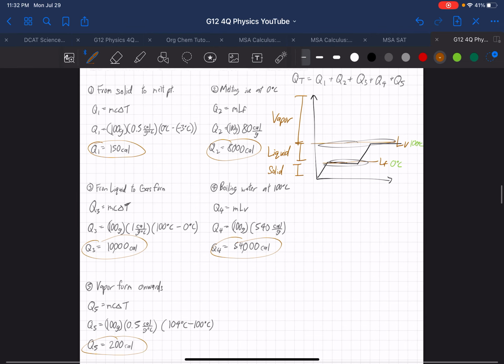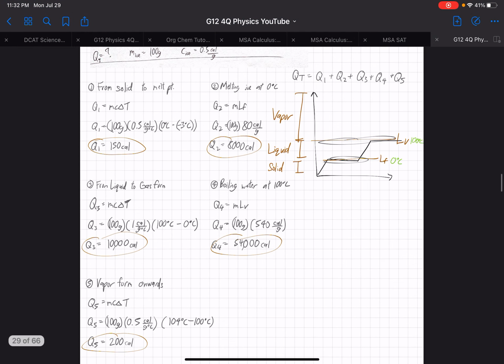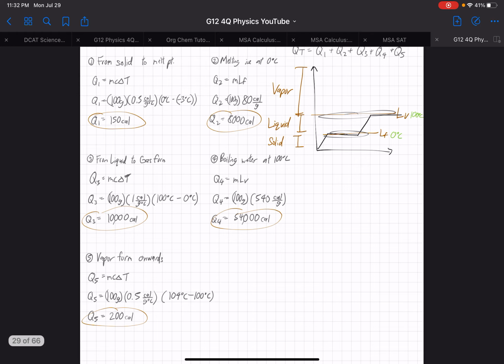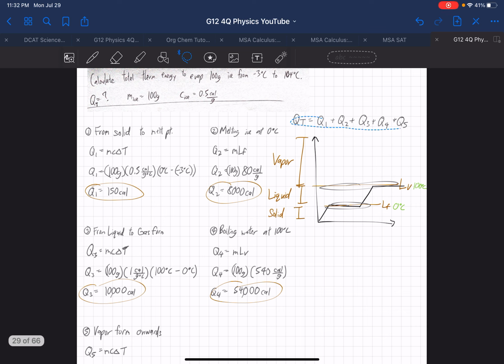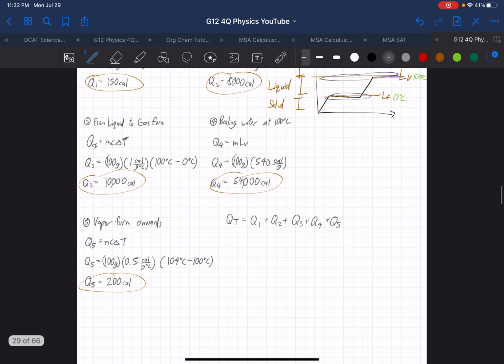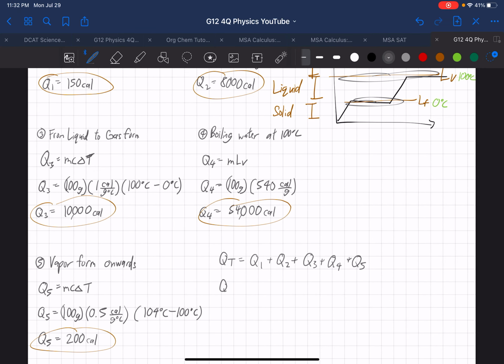Okay, so now, at this point, we have already found the 5 Qs. Now this is where we're going to use this one. So Qt, or Q total, is equal to 150 cal plus 8,000 cal plus 10,000 cal plus 54,000 cal plus 200 cal.